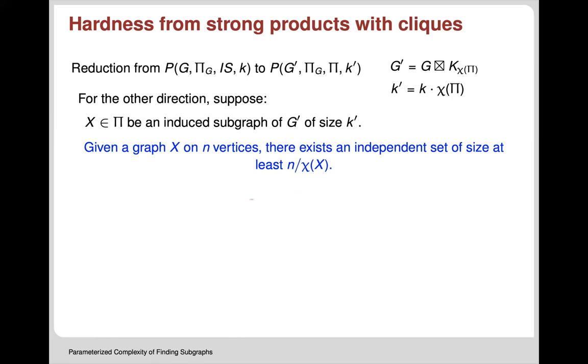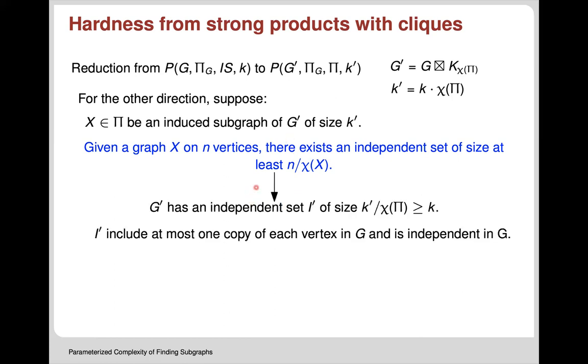So by using this property, we know that x has an independent set I prime of size k prime over chi of pi, which means that x has an independent set of size at least k.